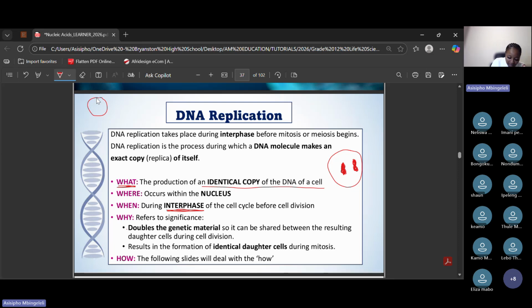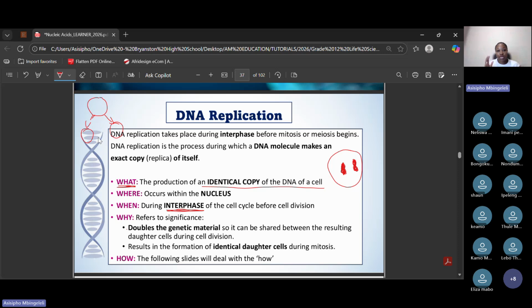When this cell divides, it's going to form two cells, which will be called daughter cells. During mitosis, these two cells will need to be identical to each other. Identical is not necessarily about people looking the same. It's the genetic material, the code itself, that ATCG sequence, that will need to be the same.